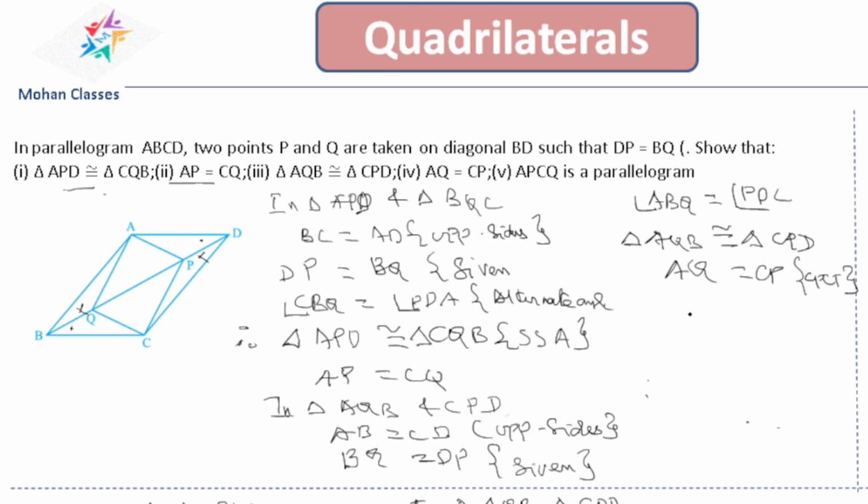In quadrilateral APCQ, PC is equal to AQ, we have proved, and similarly AP is equal to QC also we have proved. Therefore, APCQ is a parallelogram. Hence the proof.